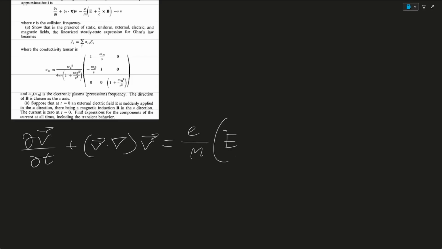Just basically the same equation: dv/dt plus v dot del v equals e over m, E plus v over c cross B, minus nu v.